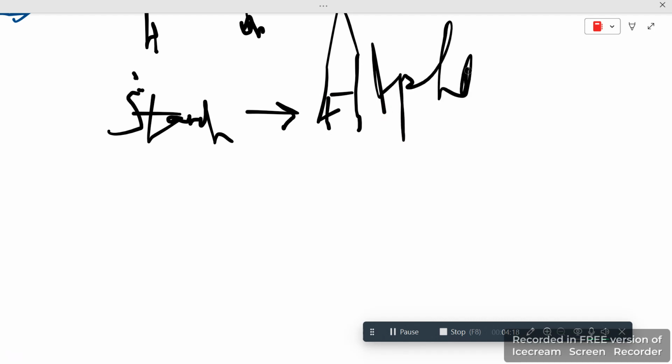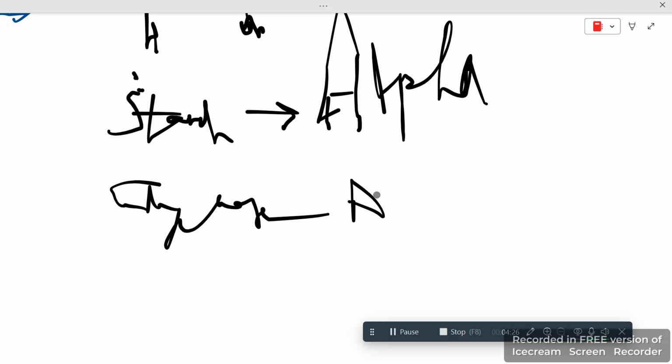Then you'll find glycogen. Glycogen will also have a structure which will be alpha. And you'll find maltose which would have alpha, but cellulose will have beta.